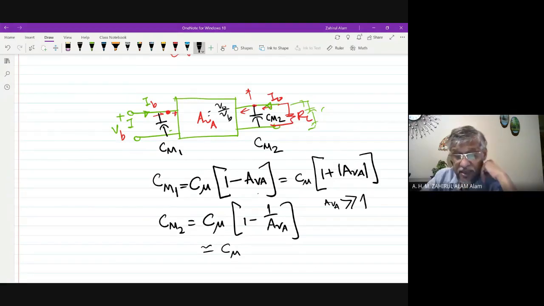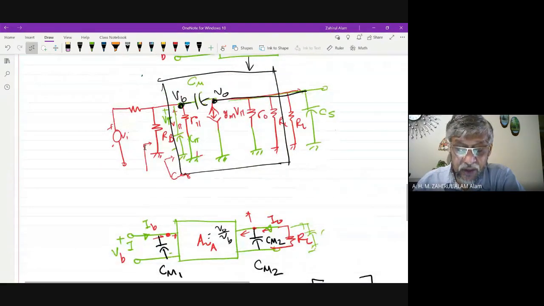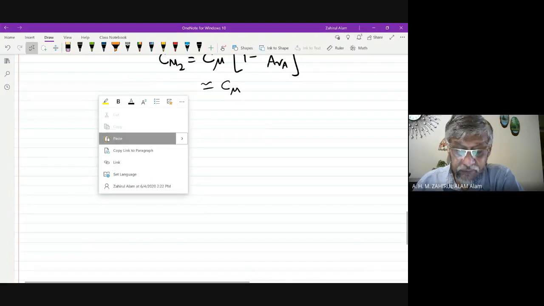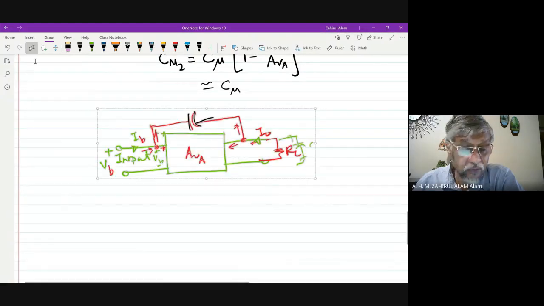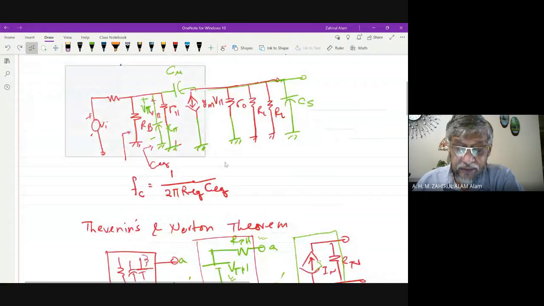So now we have said that the C mu capacitance, which is connected to input and output, can be transferred to the input side circuit and output side circuit. So now we need to draw the Miller's equivalent circuit.